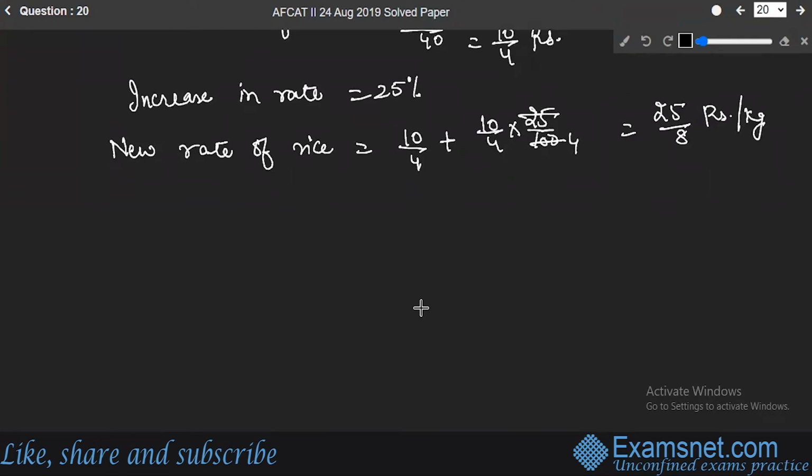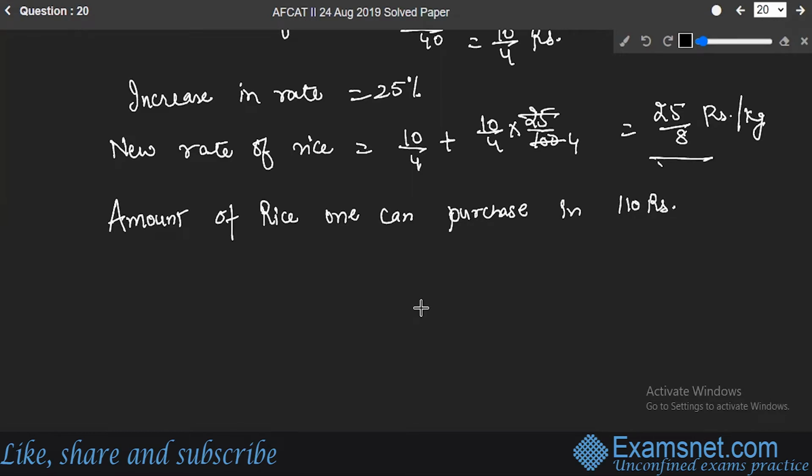Okay. Now, the amount of rice one can purchase. What was the new budget? It was 110 rupees, right? And the rate is 25 by 8. So what amount of rice can be purchased from this? 110 divided by this.